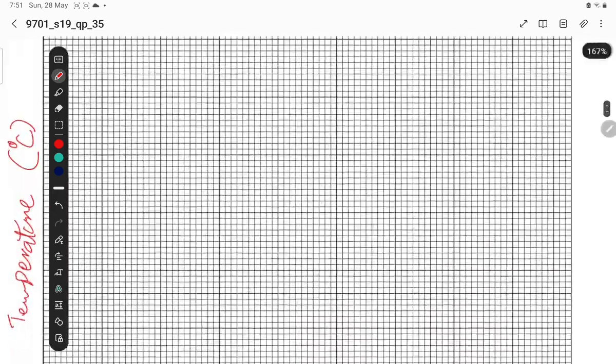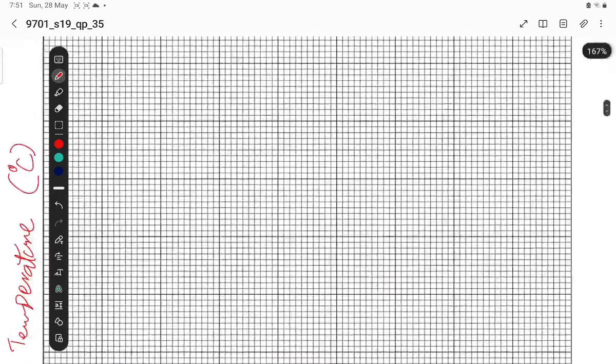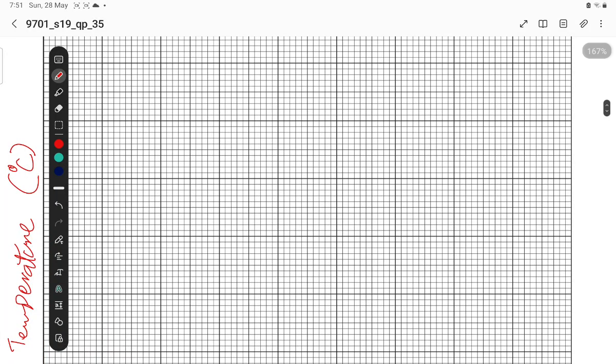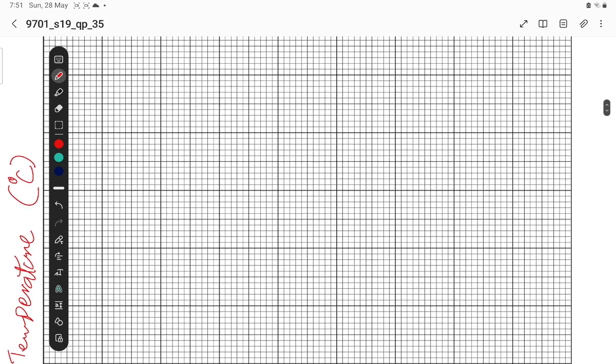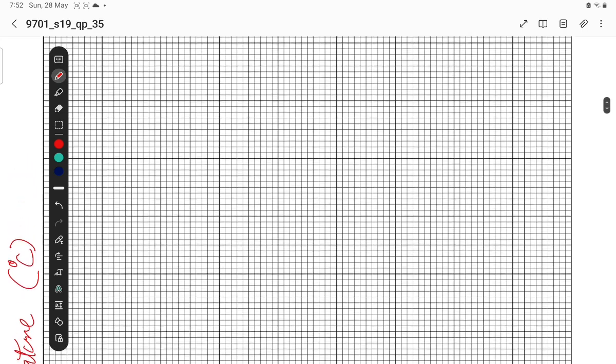There is another point: choose the scale in such a way that your graph occupies more than half of the graph length.